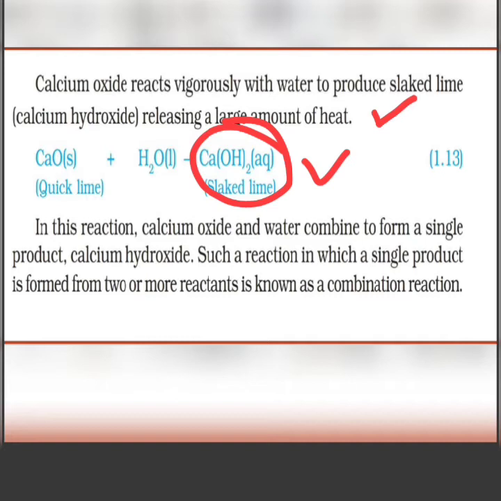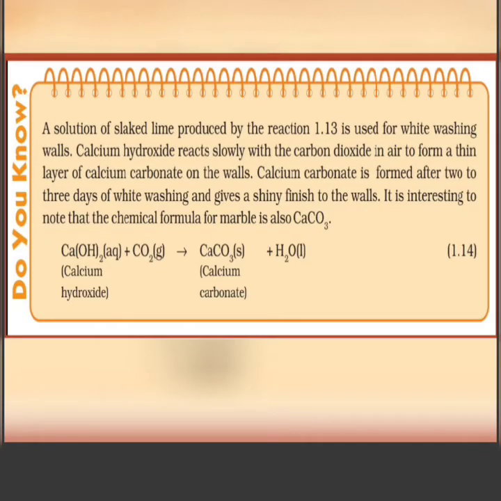First is endothermic and second is exothermic. So exothermic reaction is that reaction in which heat is liberated, heat is released. So similarly here also heat is liberated. So this combination reaction can be an exothermic reaction. Is that clear? So one point you can note down that most of the combination reactions are exothermic in nature. That means they liberate heat energy. I hope you have understood.